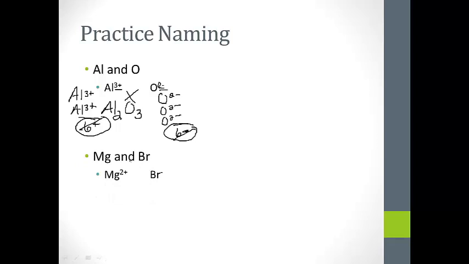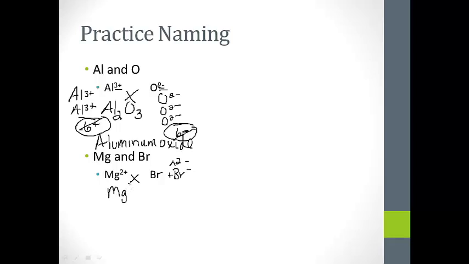Now magnesium and bromide. Also, the name of this compound right here would be aluminum oxide. Okay. Now magnesium and bromine, again, you have a 2 plus charge on the magnesium, so essentially you're going to need 2 bromides to get to a total of 2 minus. And the quick way to do that is you're going to have Mg and 1.